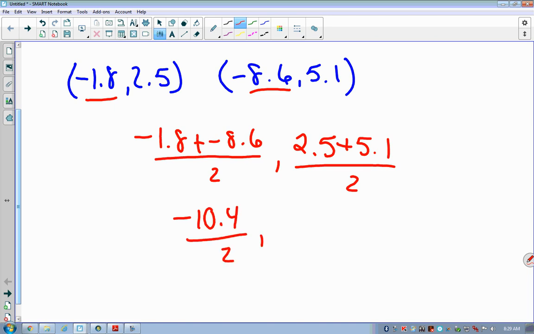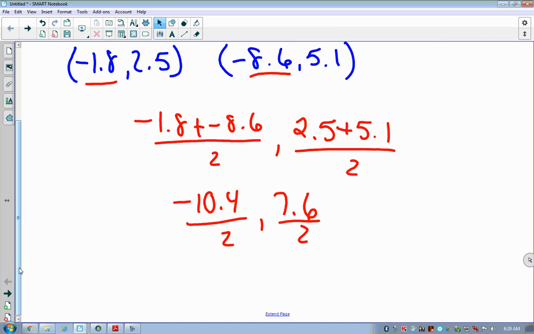Over here, 2.5 plus 5.1 should be 7.6, divided by 2. Okay, so we're going to divide those on down. Negative 10.4 divided by 2 should be negative 5.2. And what's 7.6 divided by 2? Looks like 3.8.